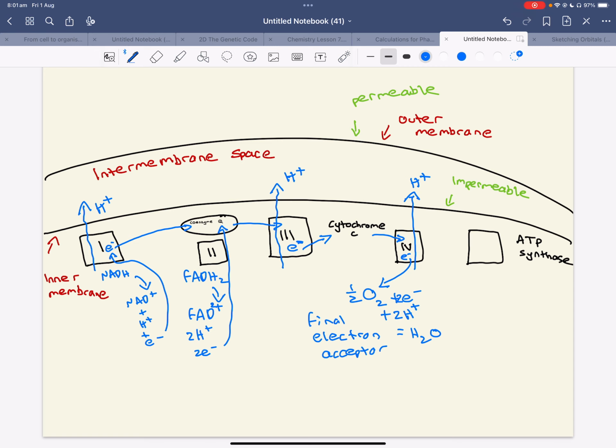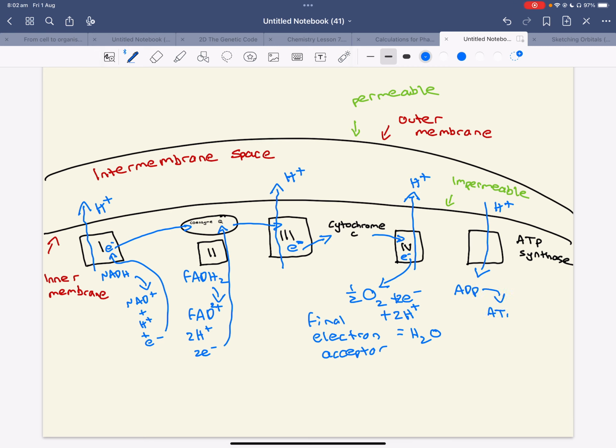Okay? That's good, but we still have H plus in the intermembrane space. What do we do? There's something called ATP synthase. ATP synthase is a protein. It's going to act as a channel. And what this ATP synthase is going to do is let H plus flow back across that inner membrane, and it's going to phosphorylate ADP.